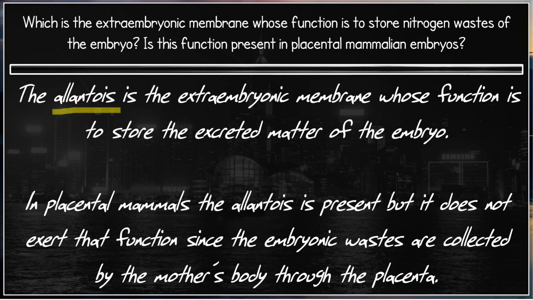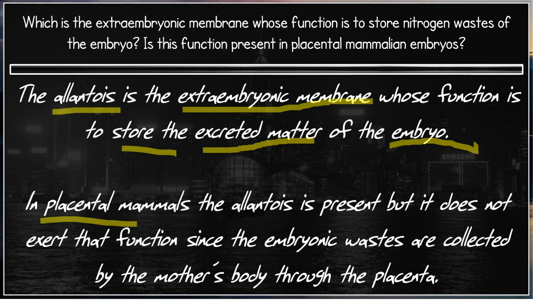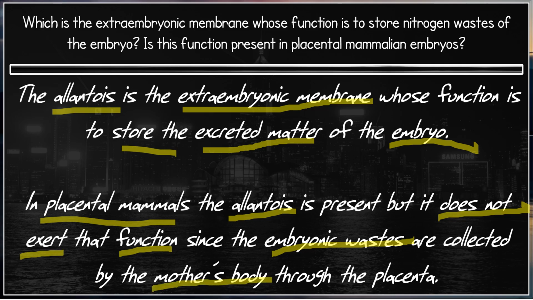The allantois is the extraembryonic membrane whose function is to store the excreted matter of the embryo. In placental mammals, the allantois is present, but it does not exert that function, since the embryonic wastes are collected by the mother's body from the placenta.